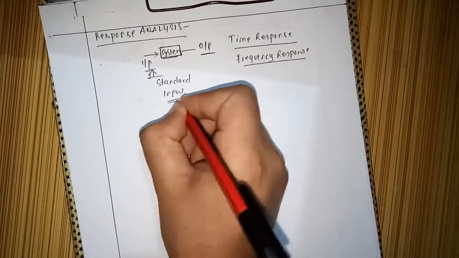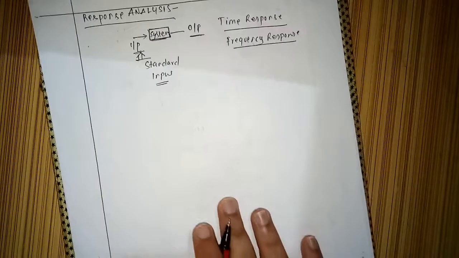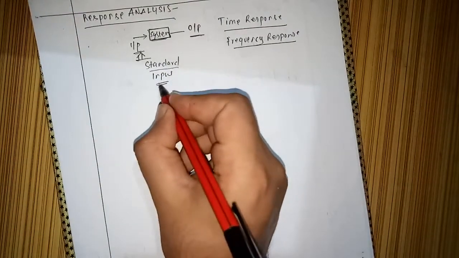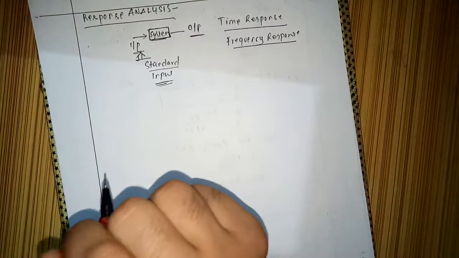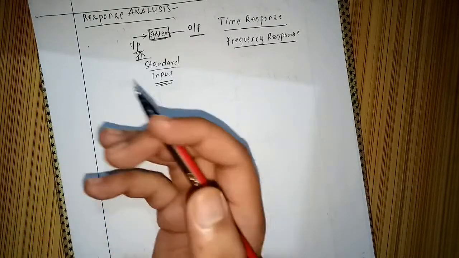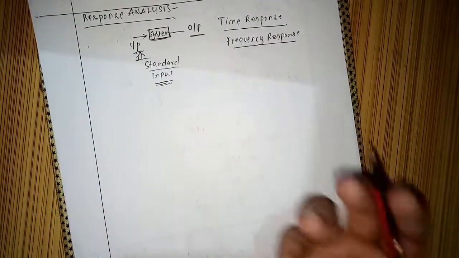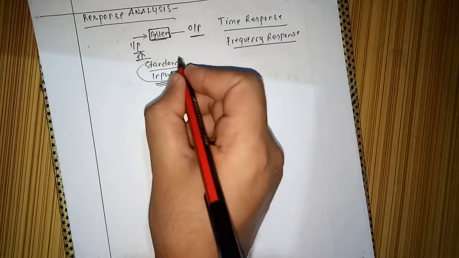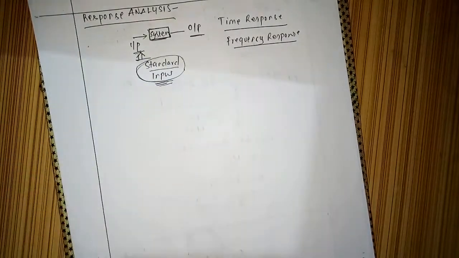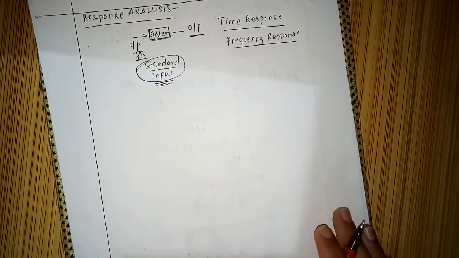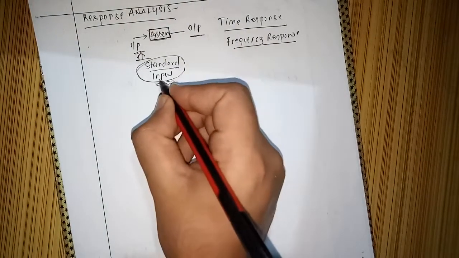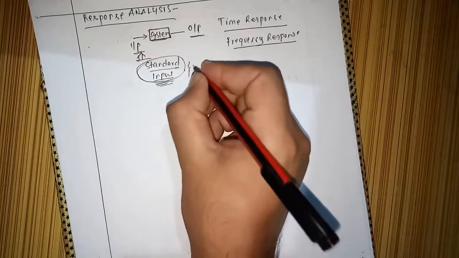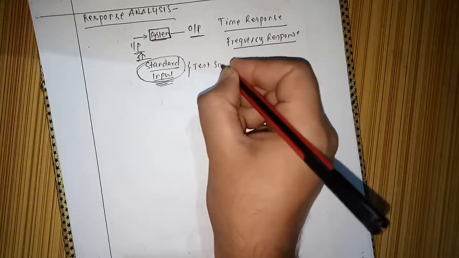Because any input can be represented in terms of these standard inputs. Not exactly, but approximately we can generalize our input in terms of these standard inputs. That's why we take standard inputs, also called test signals.